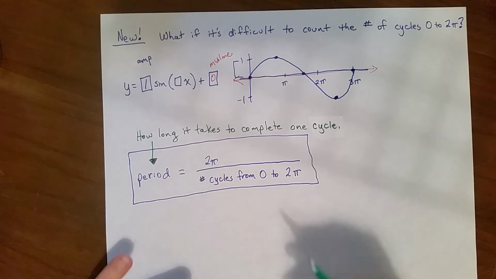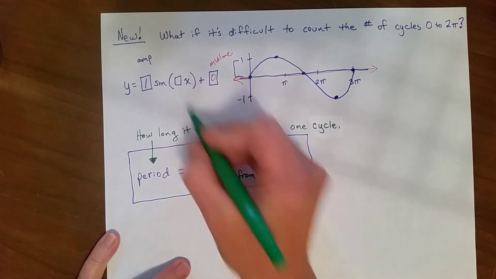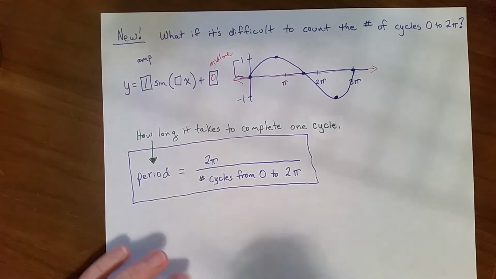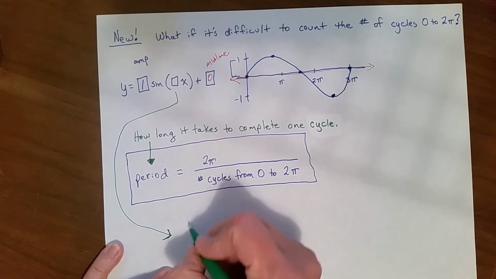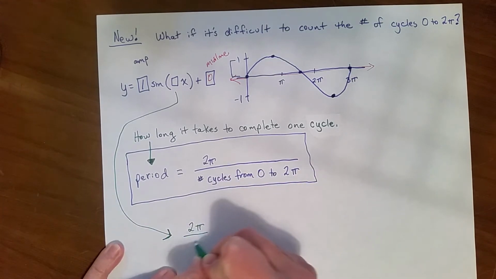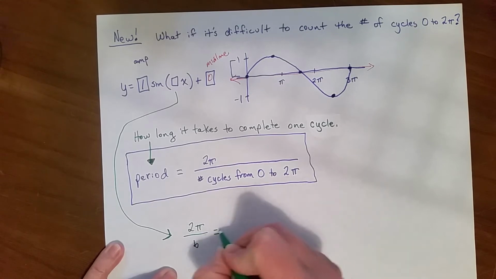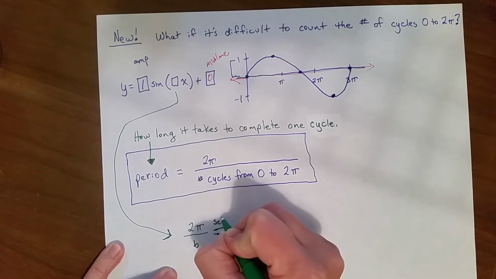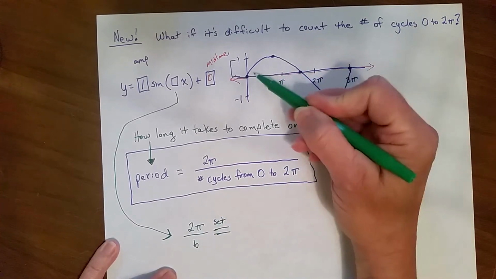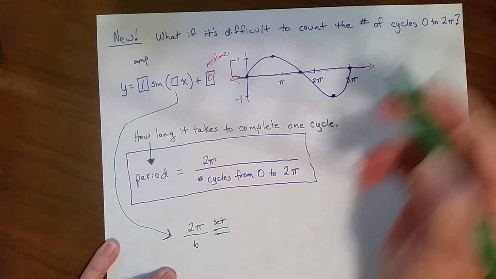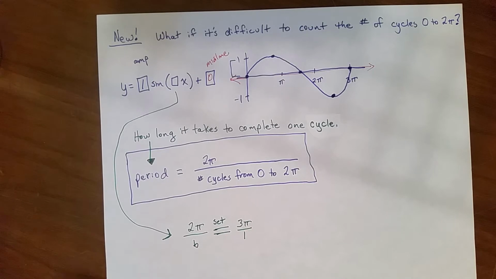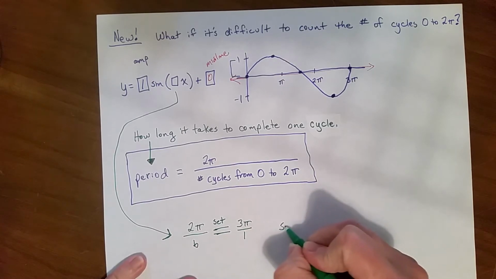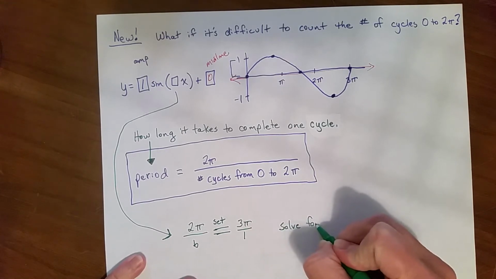So what we're going to do is set 2 pi over b equal to the period. The period of this sine curve is 3 pi. So I'm going to make that 3 pi over 1, and then solve for b.